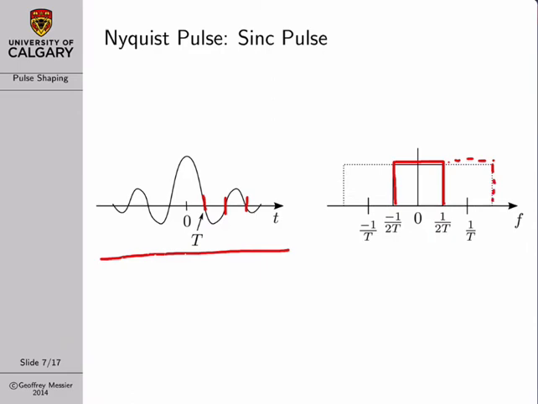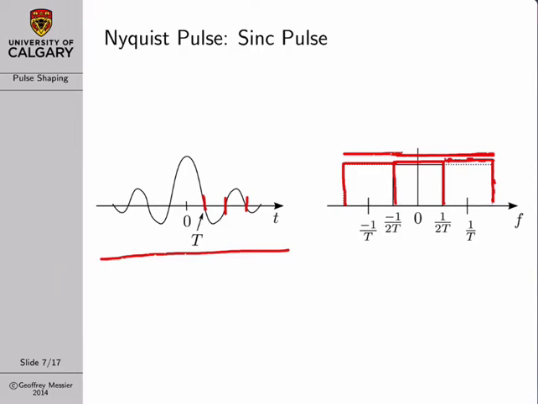Now you'll notice that in the case of the Sinc pulse, the aliased spectrum to the right of our main spectrum lines up exactly so that we have a nice flat top, and the aliased spectrum down here does the same thing, lines up exactly again, so we have a nice flat constant filter response.